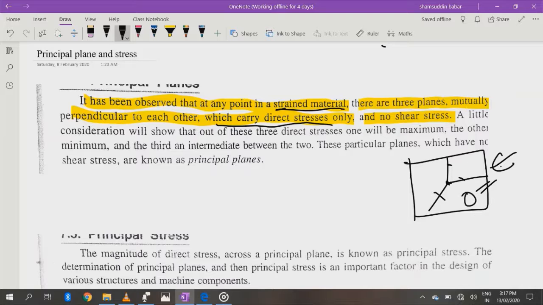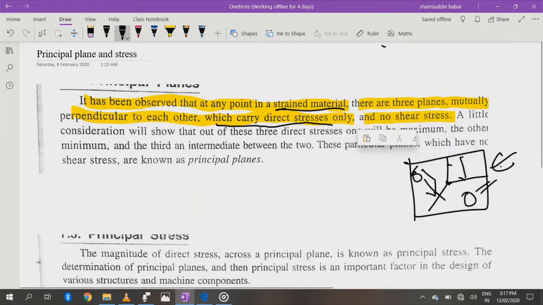these are principal planes. Now the stresses that are applied on these principal planes, for example, this is direct stress 1, direct stress 2, or direct stress 3 applying on these planes.